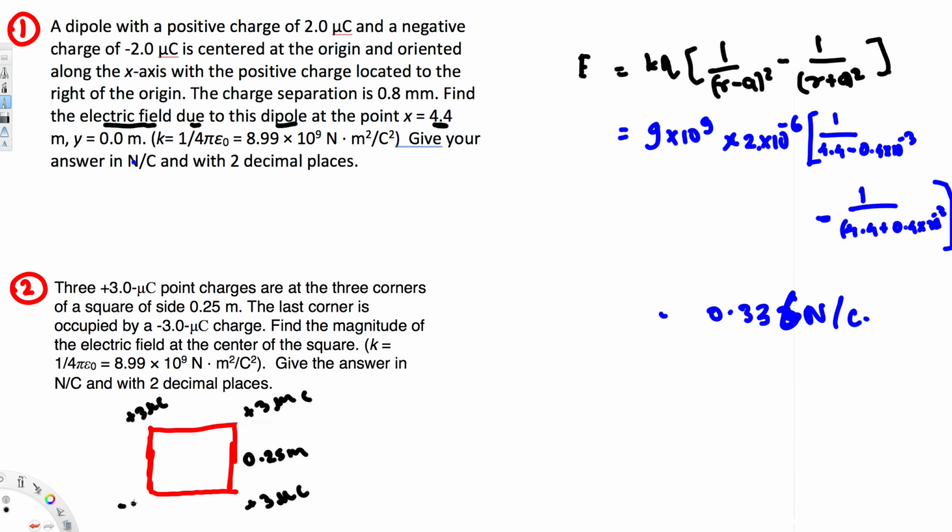Now let's name the charges. Let's say this is Q1, Q2, and let's say this Q3 and Q4.